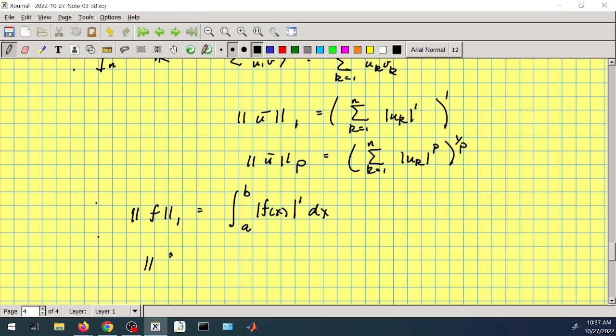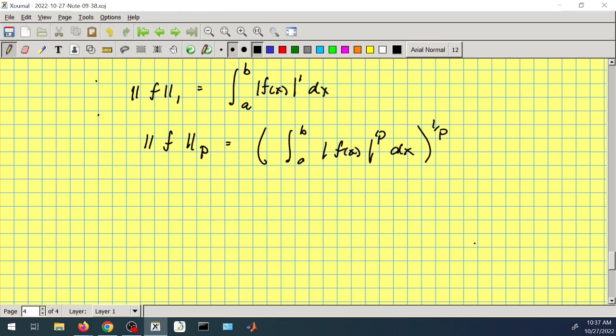The P norm would be... that's a little hasty. And so the distance between f and g in the one norm would be the integral from a to b of the norm of f minus g.